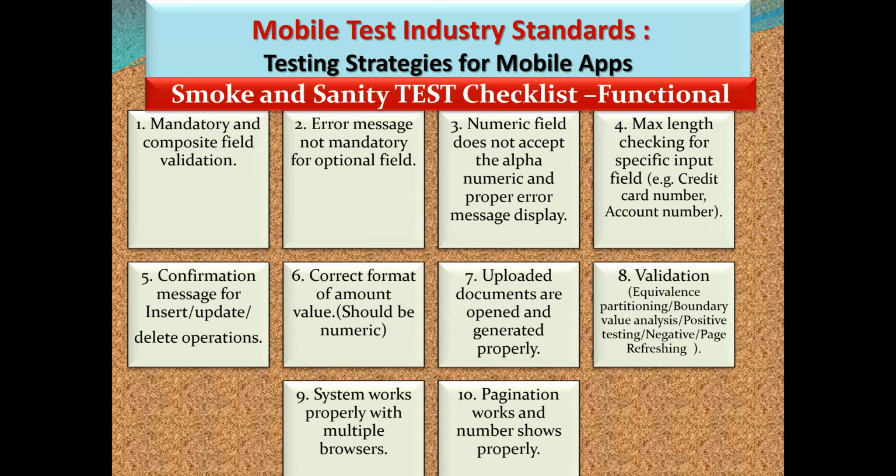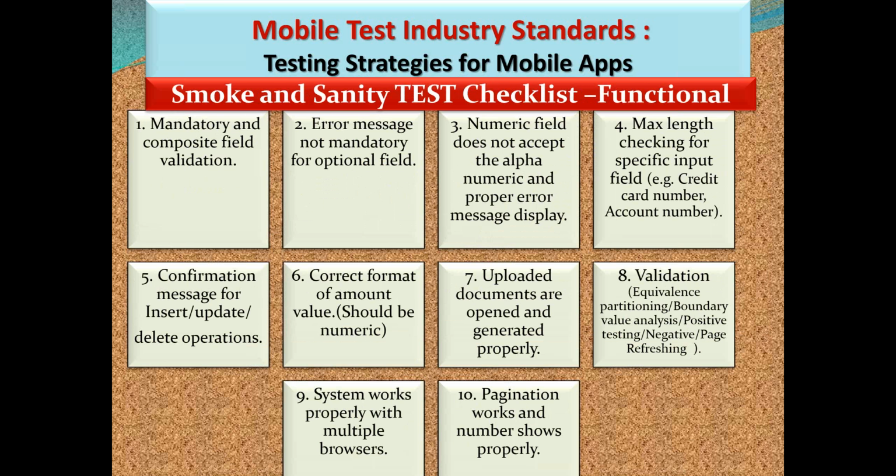Then we have the functional checklist. And again, like I told you guys, we never do one test at a time. So some fields might be repeating, and you just make notes and understand what it is all about. Mandatory and composite field validation.